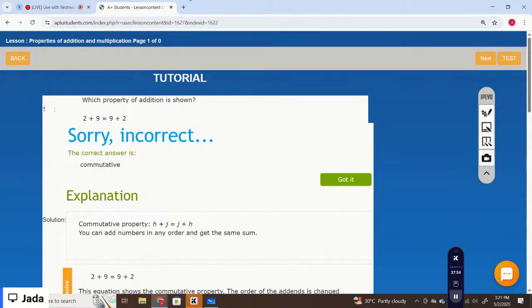Which property of addition is shown: 2 plus 9 equals 9 plus 2? That is the commutative property.